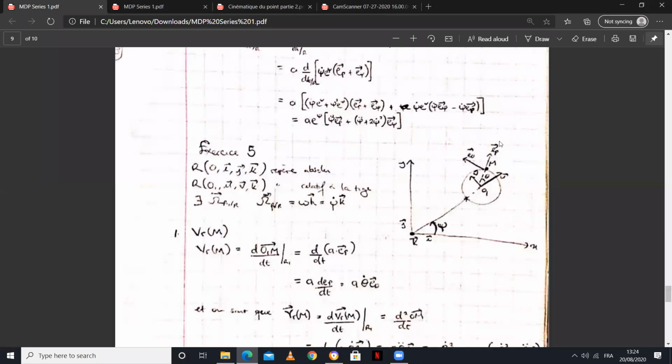And we have the vector, the direction, so dans quelle direction? So e rho here. So that means ORM is simply A dans la direction de e rho, tout simplement. And it's even good because we've been told to express all our answers in e rho, e theta, and k. So now we have our vector position ORM écrit dans la base e rho, e theta, k, which is good.